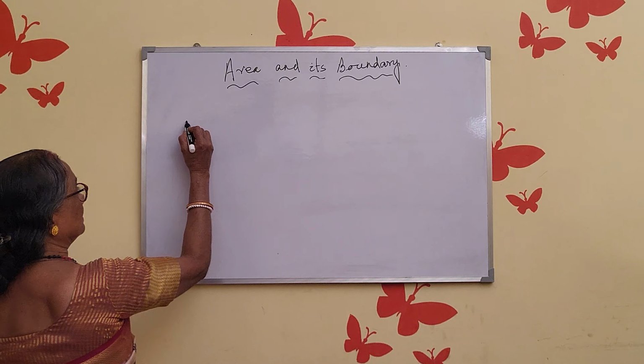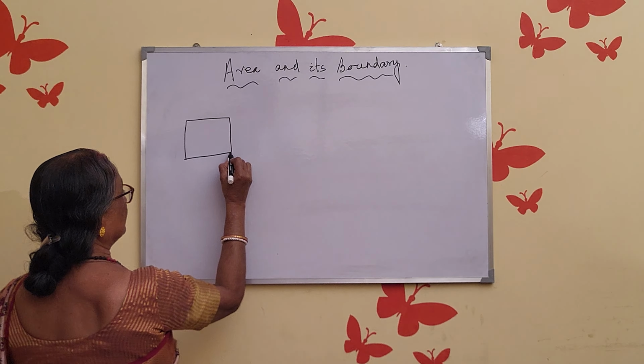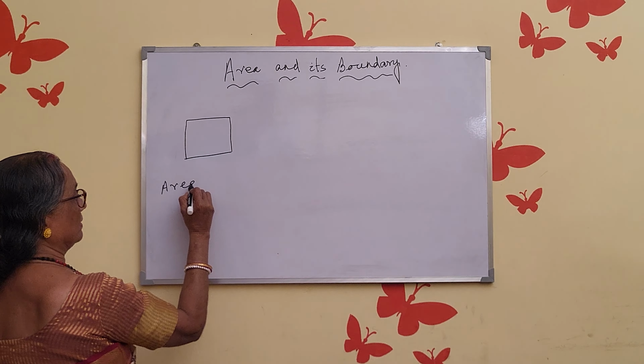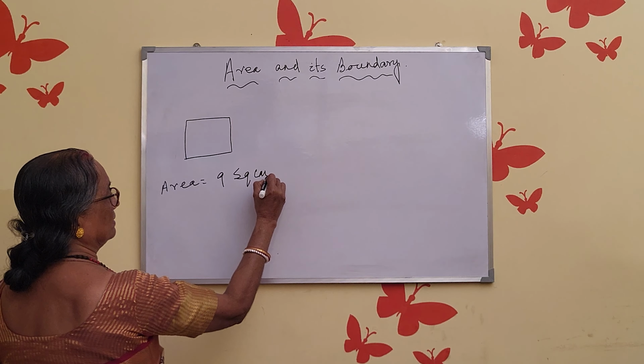Now we draw a square of 9 square centimeter. That means this is one square whose area is 9 square centimeter.